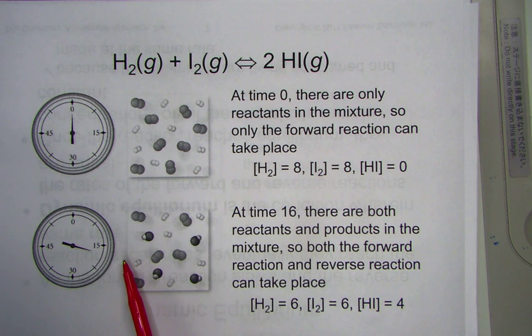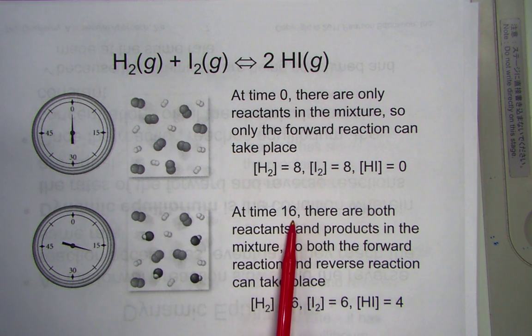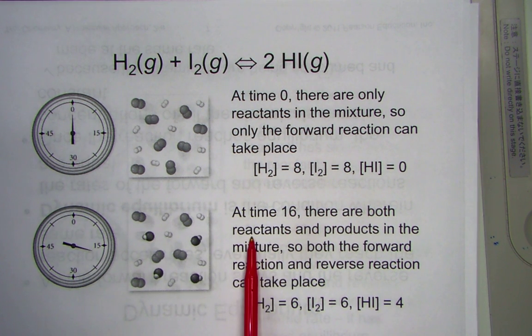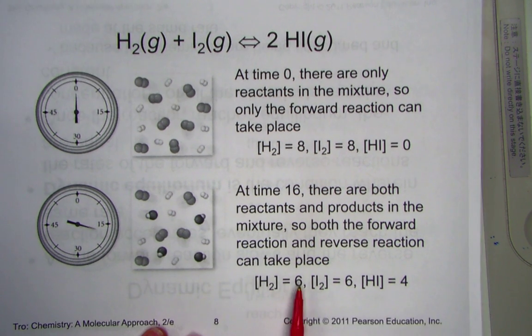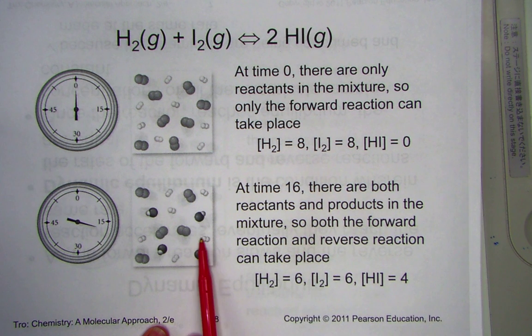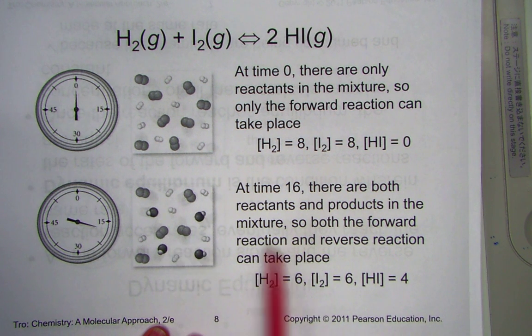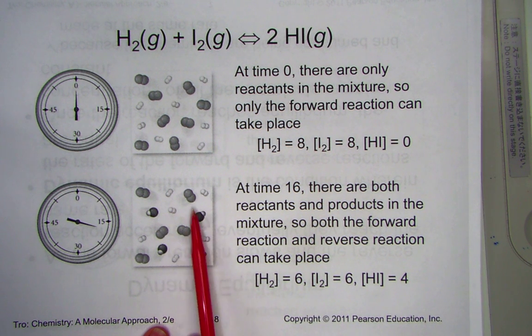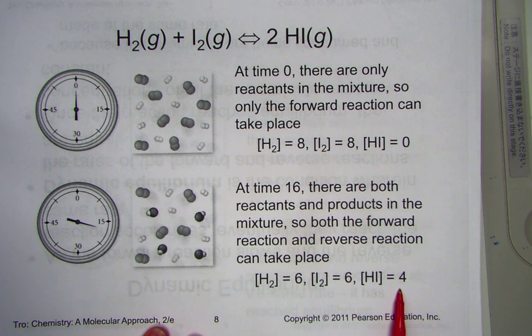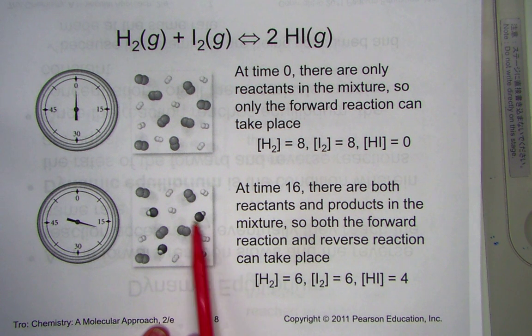We allow that reaction to proceed. At time 16, there are both products and reactants. Now in this picture, I'm counting 6 hydrogens, little ones, 1, 2, 3, 4, 5, 6. There are 6 iodines, 1, 2, 3, 4, 5, 6. And then 4 HIs, one of each in here.